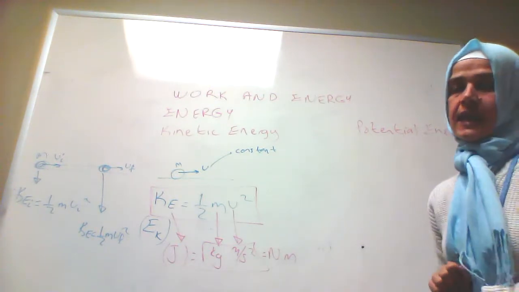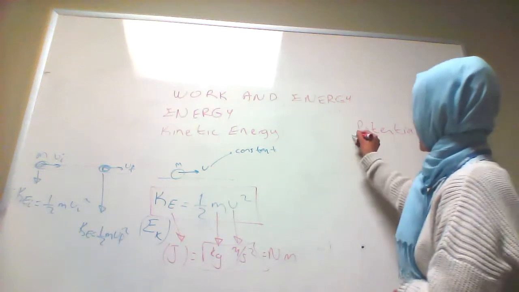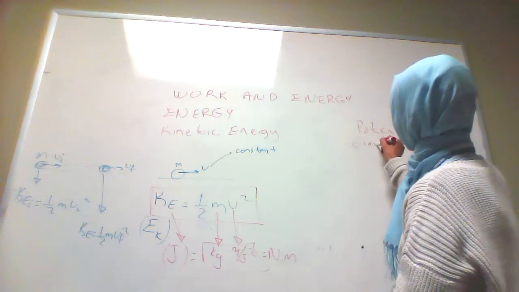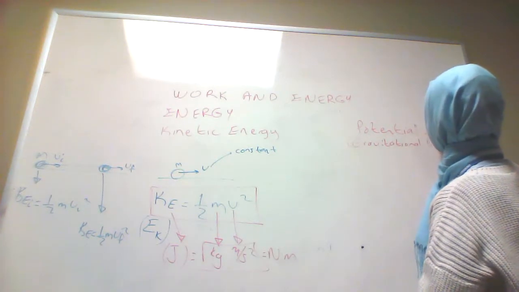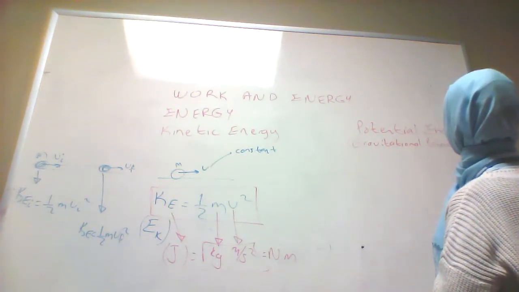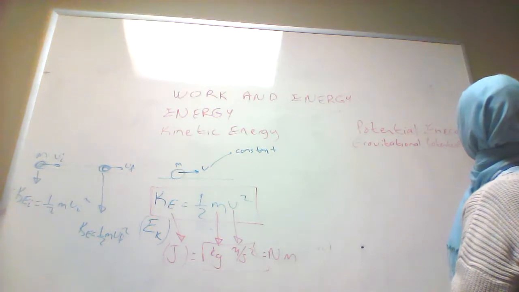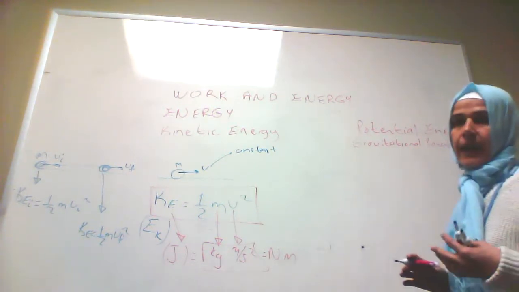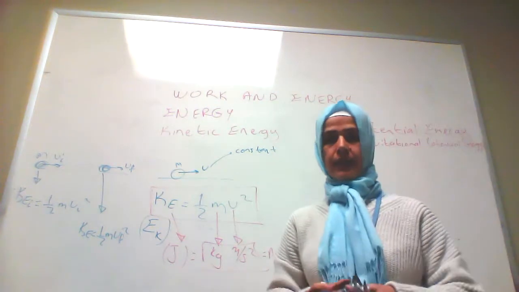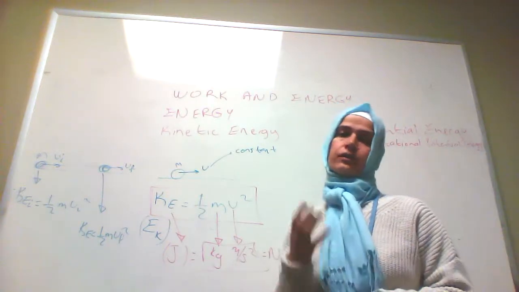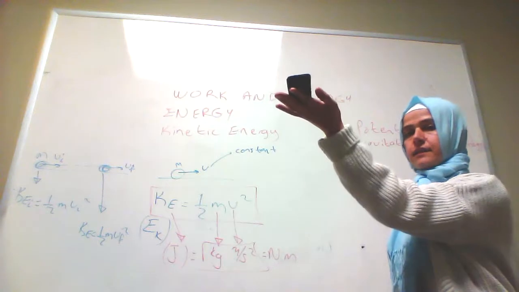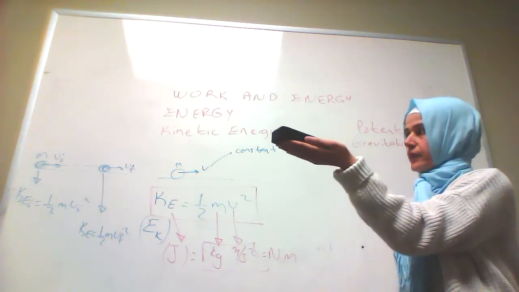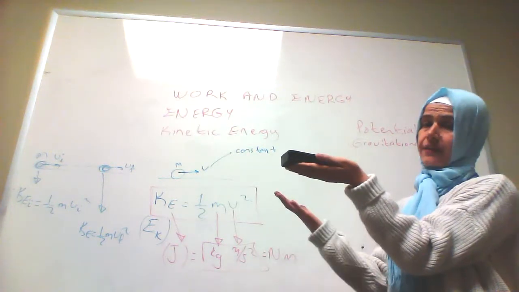Potential energy is also called gravitational potential energy. This is the energy stored in an object that has a height due to the gravitational force by Earth. If we have an object staying at a height, it's stable, it does not have a velocity, no kinetic energy.